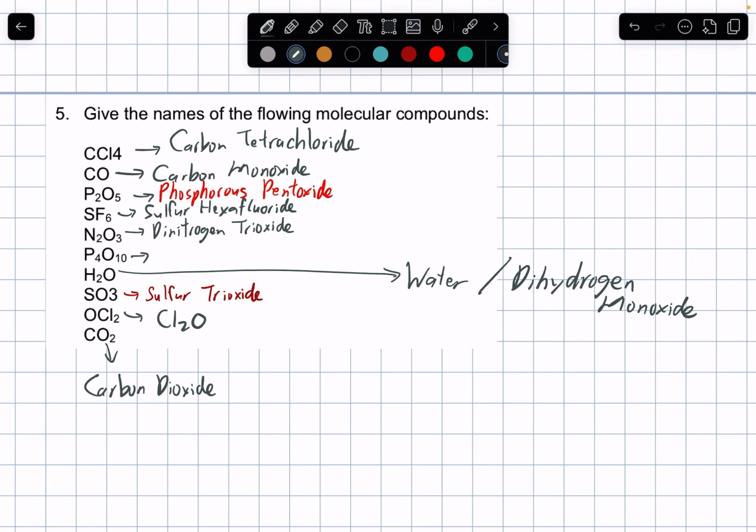Let's check. Yeah, that is correct. Okay, correct. Wait. Cl2O. Oxygen chloride.